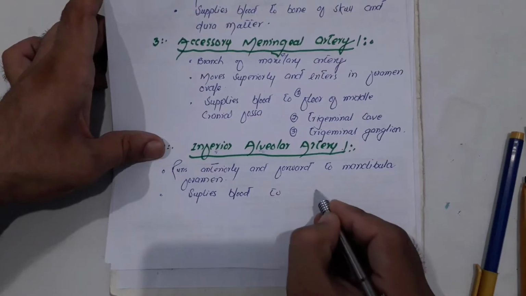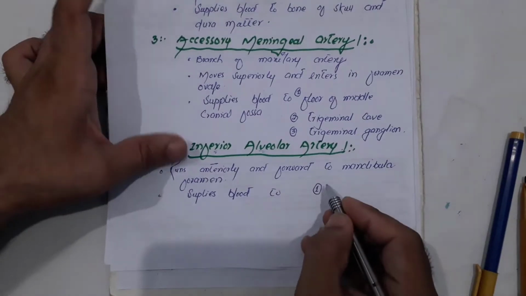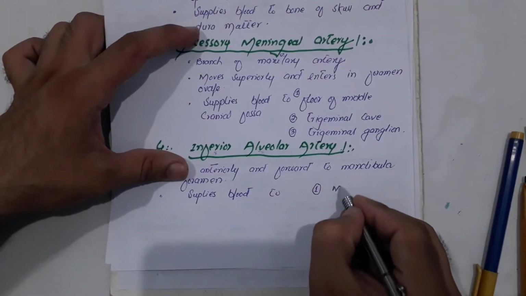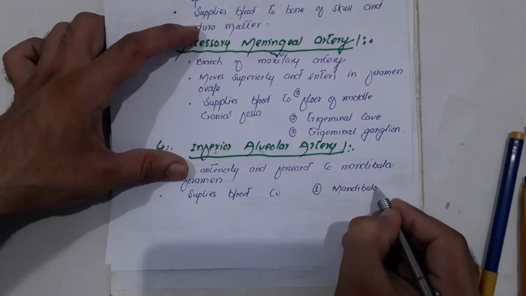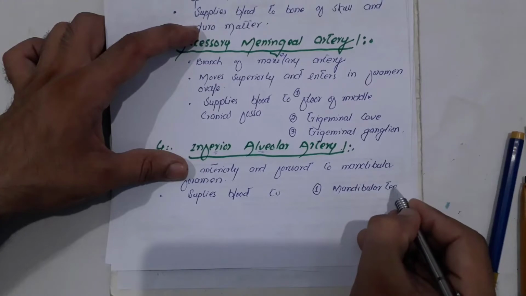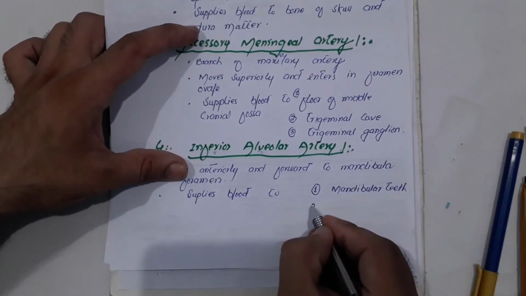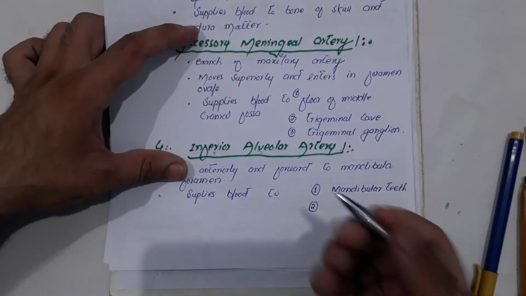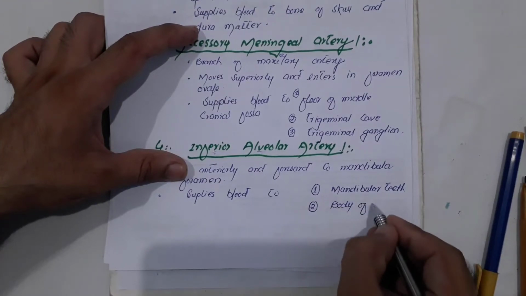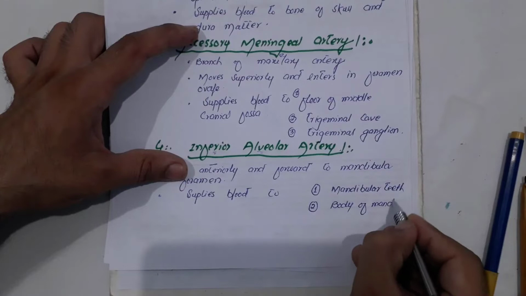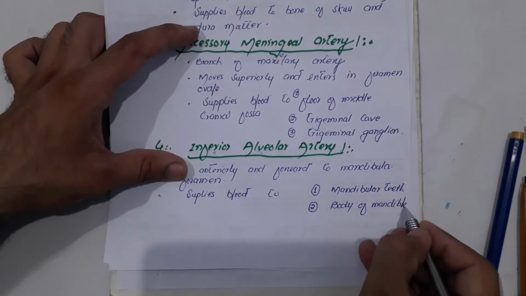to, let me write here, number 1, mandibular teeth, right? Then the second one, body of mandible, we will see all these branches.